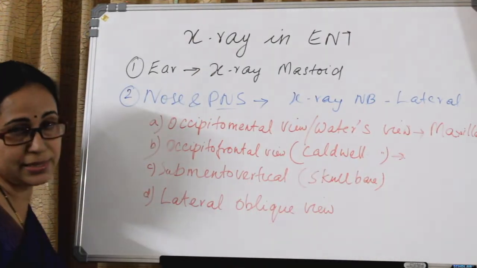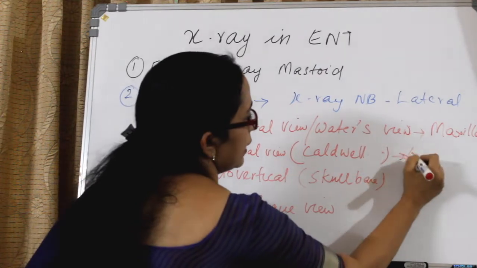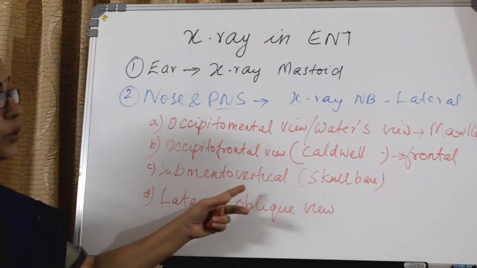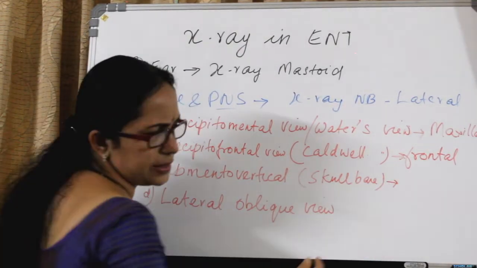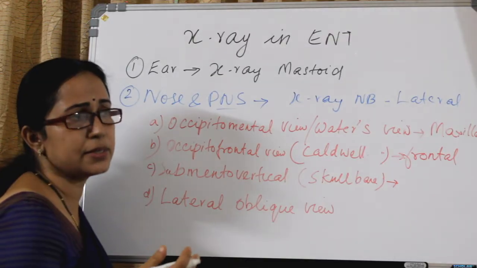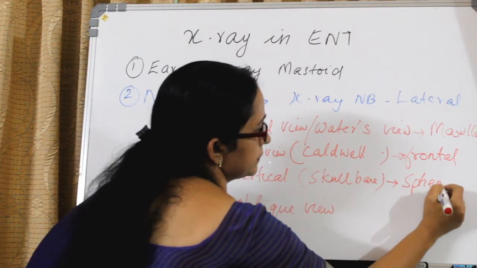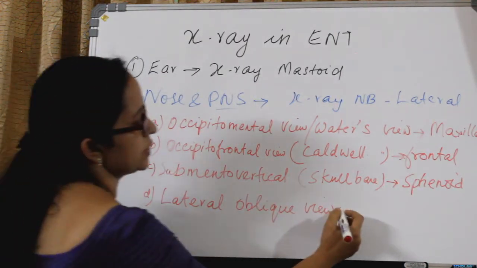In that also you can see all the sinuses, but this is best for frontal sinus. Again another MCQ. And submentovertical view or skull base view is for which sinus located in the skull base? That is the sphenoid. So it is for sphenoid. And lateral oblique view is for ethmoid.